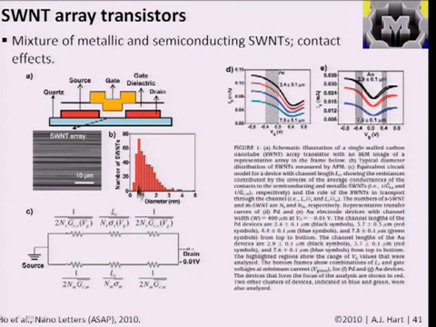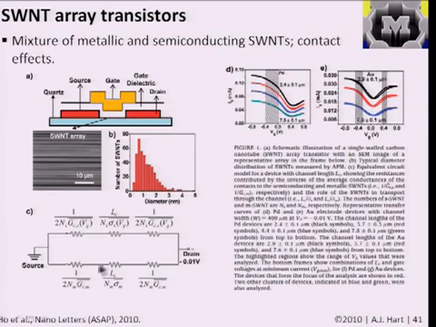So you see they've tuned their growth process so you can grow a very large percentage of nanotubes between 1/2 and 2 nanometers. If they're semiconducting, if they have, quote, semiconducting chiralities, they will have a band gap. This paper talks about the analysis of their devices as it relates to the resistance of the semiconducting nanotubes, the metallic nanotubes, and the contact resistances between the metal contacts and the nanotubes themselves.